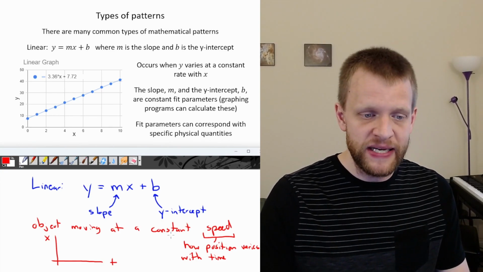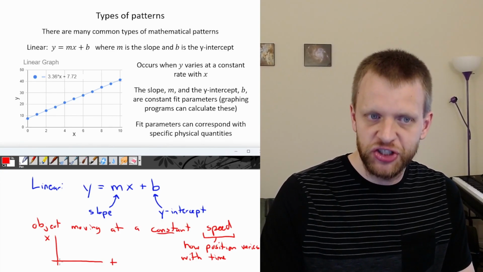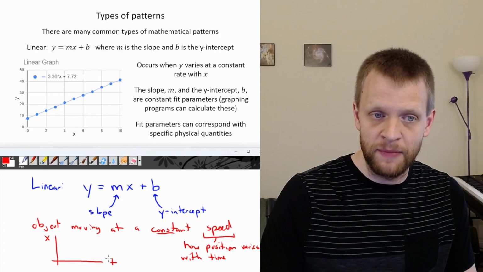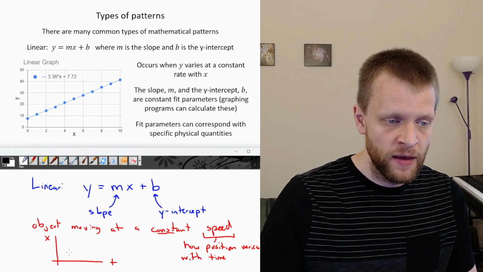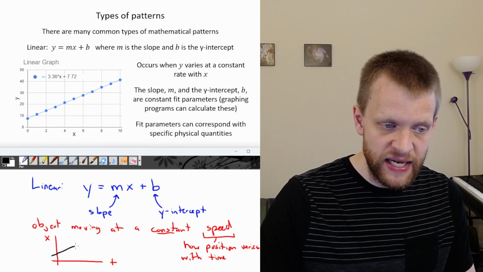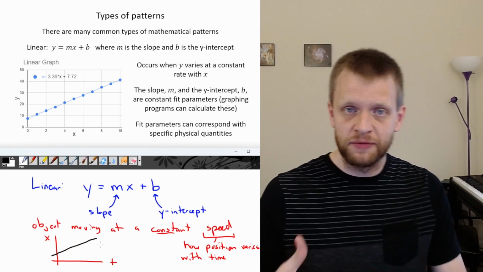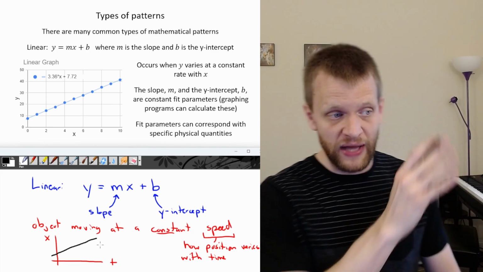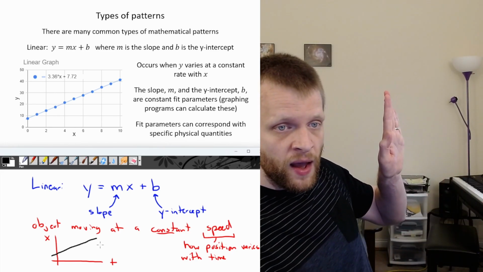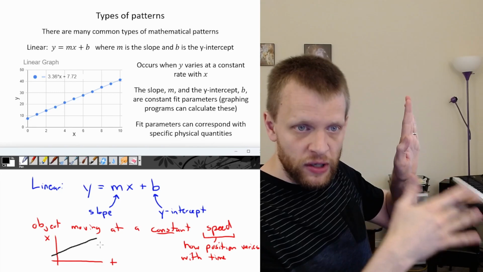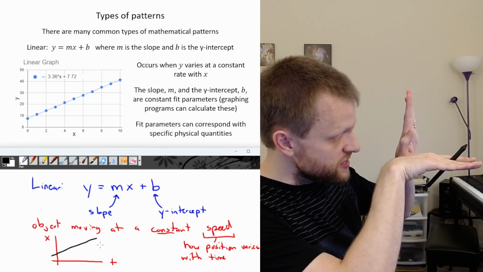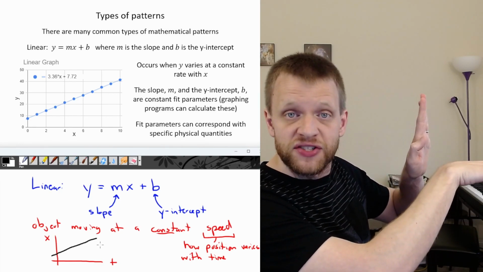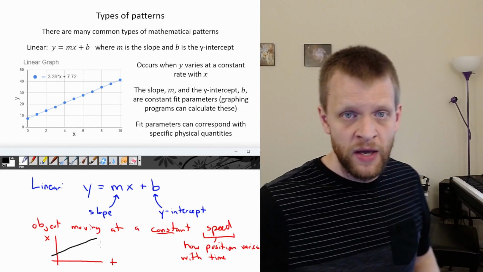So if this speed is constant, my position is varying with time at a constant rate. That means I should be getting a straight linear graph, because what I've put on my vertical axis, the position, varies at a constant rate when I vary the thing I put on the horizontal axis, in this case the time.